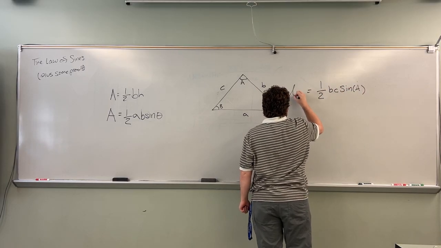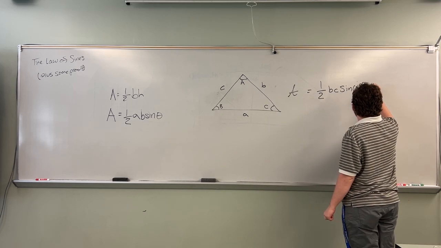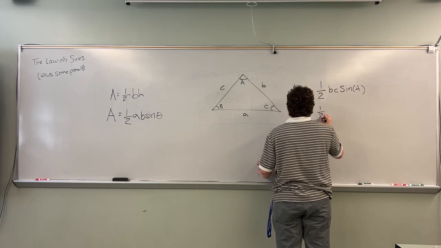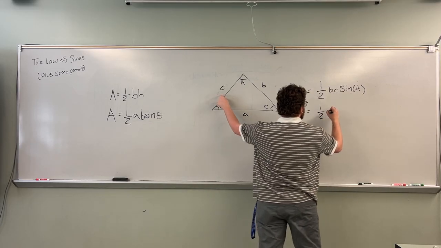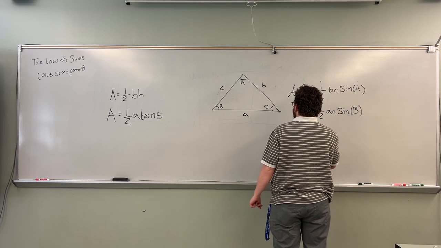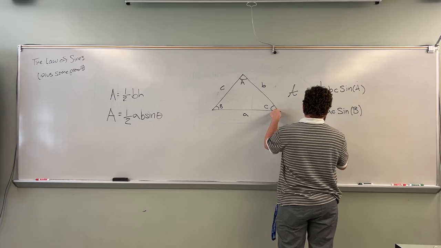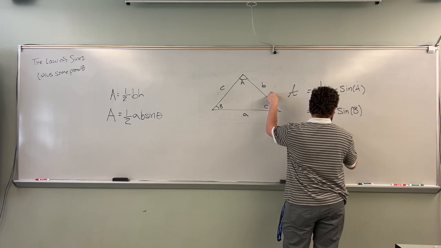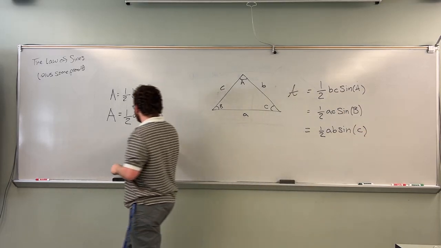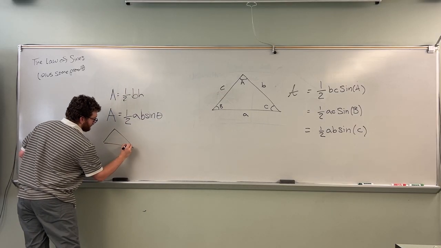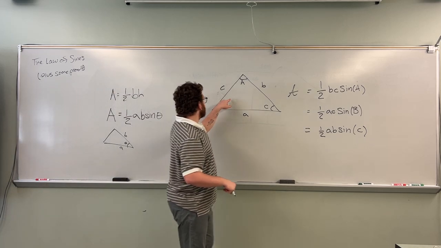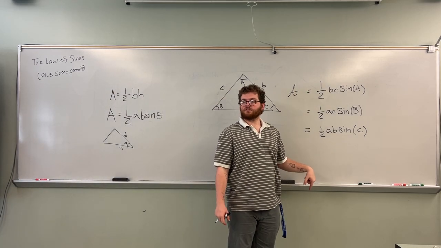I'll write it with a fancy A. But that should also be equal to, let me write this on a line below it, 1/2, I'll pick this one, so I've got AC sine B. And that's also equal to, if I pick this angle, 1/2 AB sine of C. And that's just coming from this, where again we have some angle in between sides A and B. So I'm telling you that the area of this triangle can be written 3 different ways.